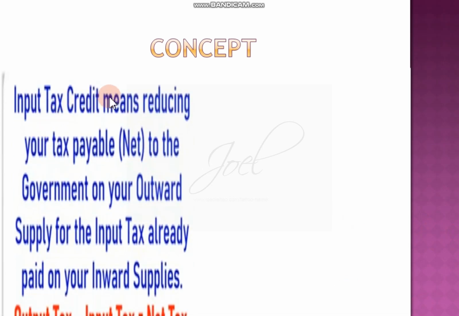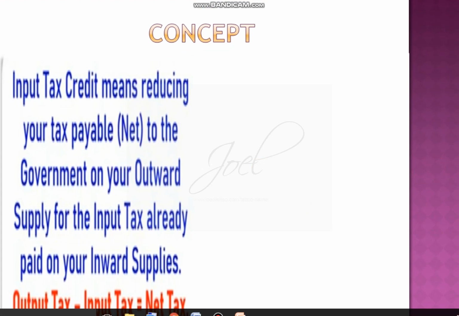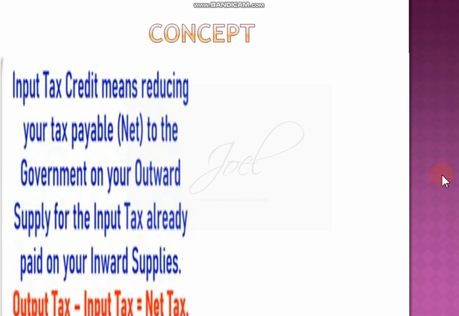Input tax credit means reducing your tax payable to the government on your outward supply by the input tax already paid on your inward supplies. Outward supply means what we sell to our customers.